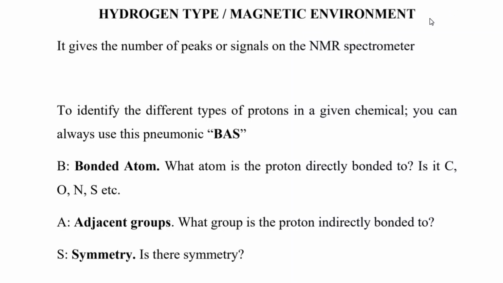Magnetic environment in NMR will definitely give the number of peaks or signals on the NMR spectra. So let's say we have this compound, let's say we have this methanol again. Let's say that the number of hydrogen types is 2.